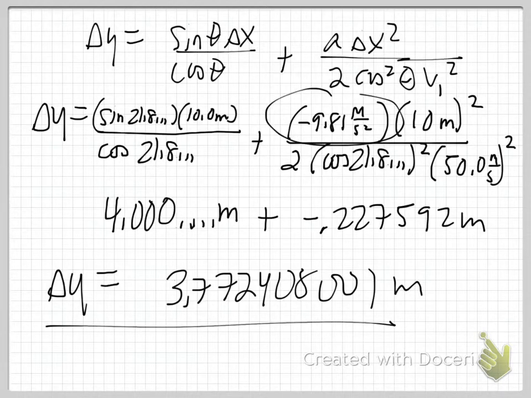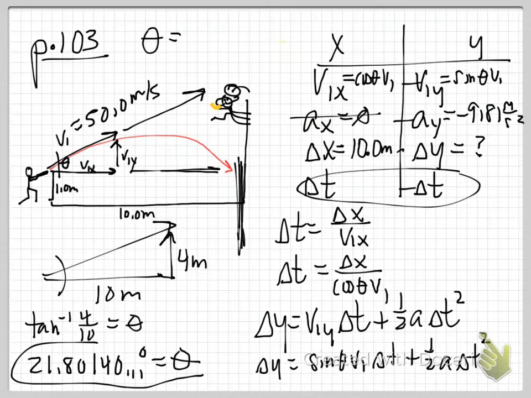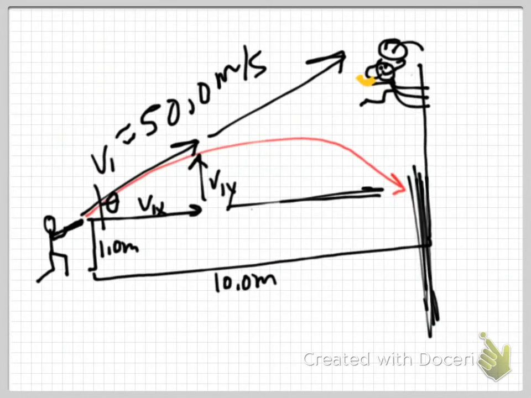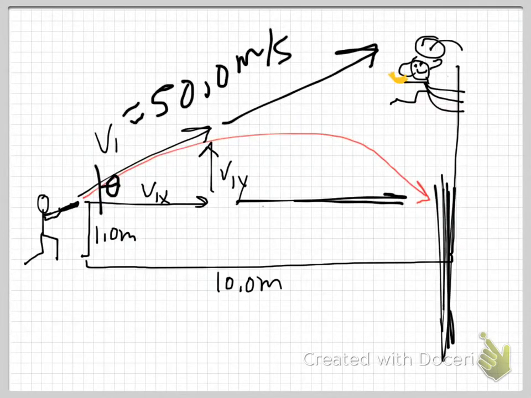What does that mean in terms of answering the question? It means that at 10 meters, that is the amount of change in the position on the y-axis of the dart. So if we take this whole thing, copy, blow it back up, this is the 1 meter mark, this is the 5 meter mark.